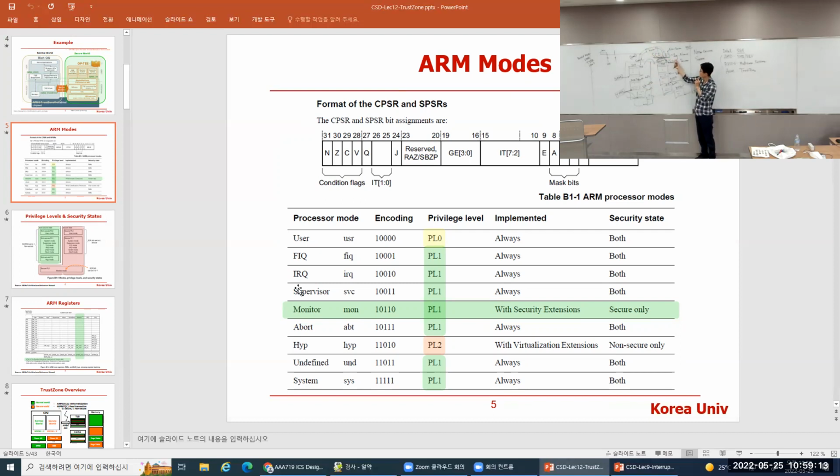If you change that to 1, if you go to the normal world, come on, I can hear you. No, it is possible, right? It is possible.